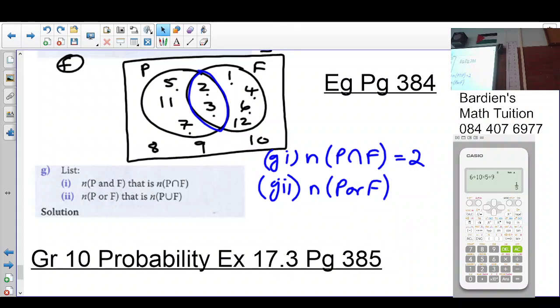So the number of P or F, it's 1, 2, 3, 4, 5, 6, 7, 8, 9. So 9 out of the 12 numbers belong to the union of P or F. Is there anybody that's confused there?